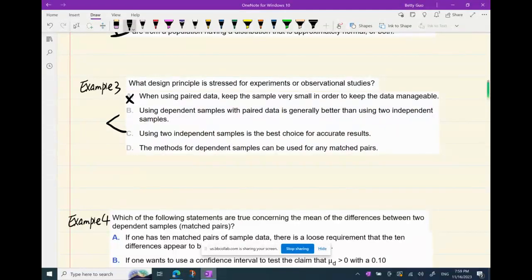So B and C kind of state 2 different opinions, right? B says using dependent samples with paired data is better than using 2 independent samples. C says using 2 independent samples is better for accurate results.